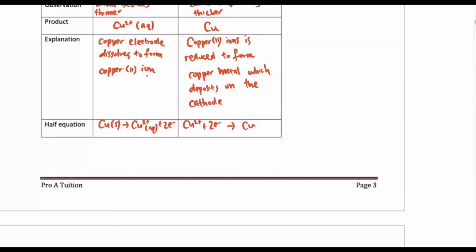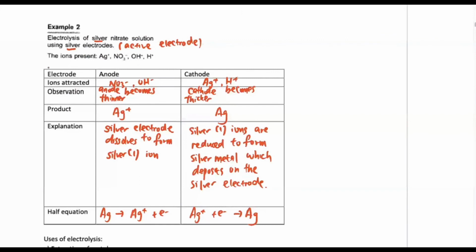Actually, I can't see your last example. Oh, you mean this one? The one with the silver electrode. Yeah, oh, now I can see. So how is it now?